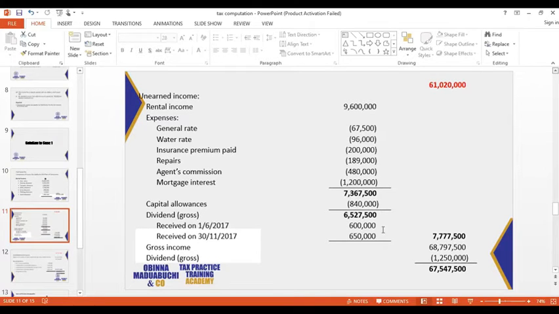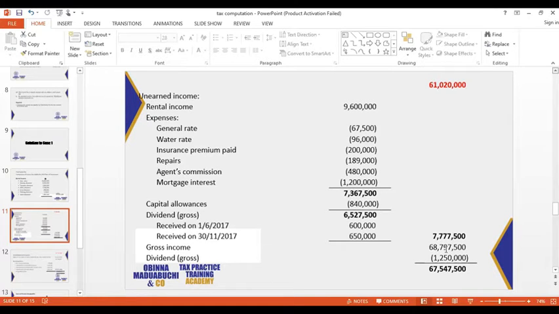So the total unearned income is 7,777,500. Add it to this earned income, employment income. We have 68,797,500. That's his gross income here.